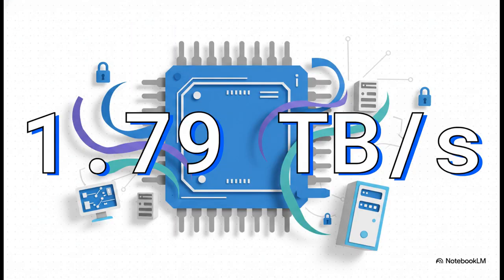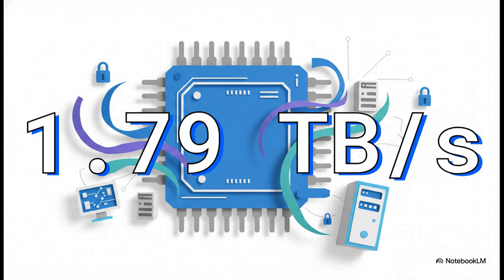So how is this kind of enterprise-level power even possible from a box sitting quietly under your desk? It's really driven by the RTX 5090's massive 1.79 terabytes per second memory bandwidth. And when you combine that hardware brute force with new NVFP4 quantization formats, which is essentially this genius mathematical compression trick that shrinks a model's memory footprint by 50% with basically zero quality loss, it's a game changer.